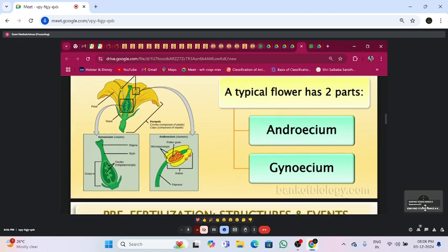Now, when you take a typical flower, it has two parts. There are many types. Some flowers are unisexual, some flowers are bisexual, and there are different types. As and when we read more about this, we will discuss that also. A typical flower means the majority of flowers has two parts, androecium and gynoecium.